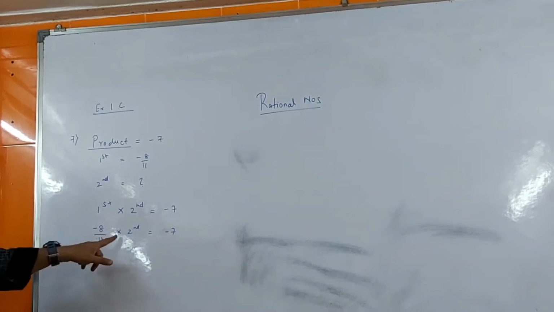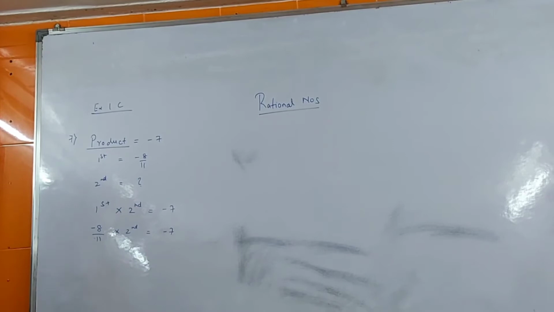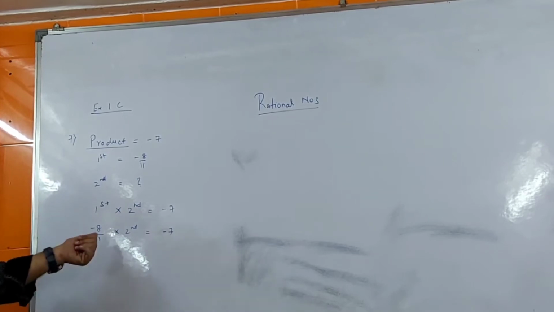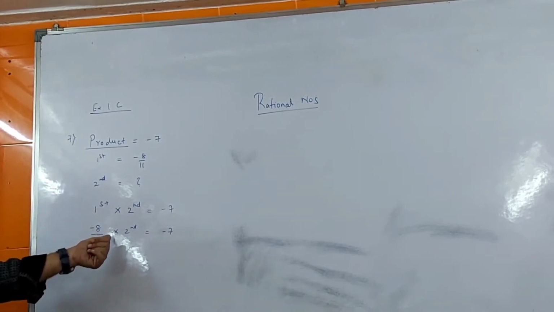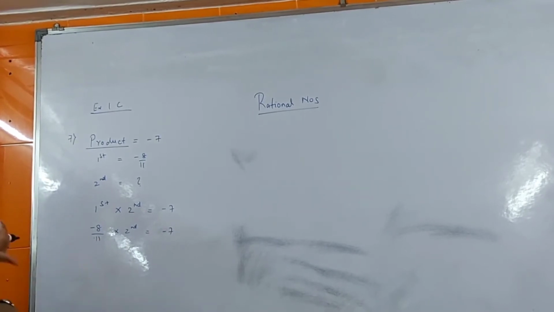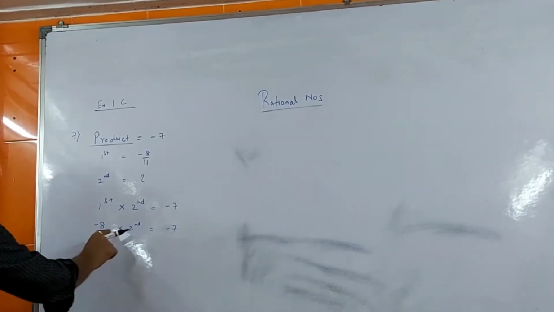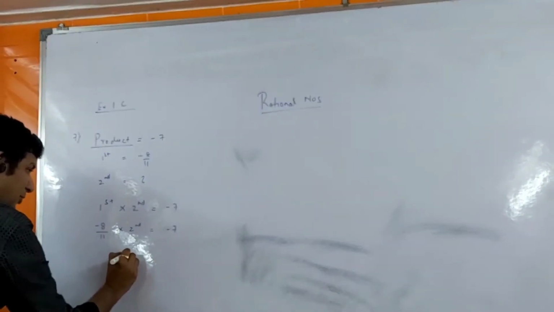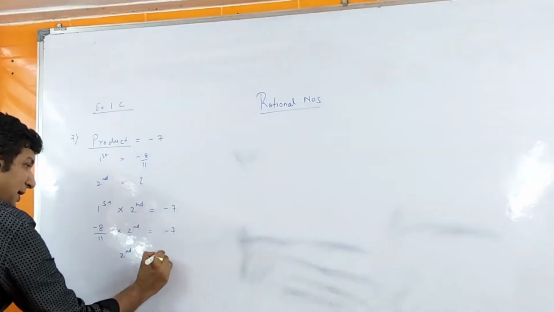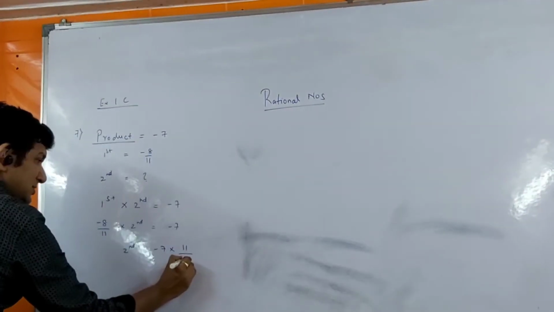That means here is multiplication. So when it goes there, it will become what? Division. Remember, this is not plus minus, it's multiplication. This is a monomial, not binomial. If it's binomial, then plus becomes minus and minus becomes plus. But here we are talking about what? Monomial. So this will go that side. Second number will remain as it is. Minus 7 into 11 upon minus 8.